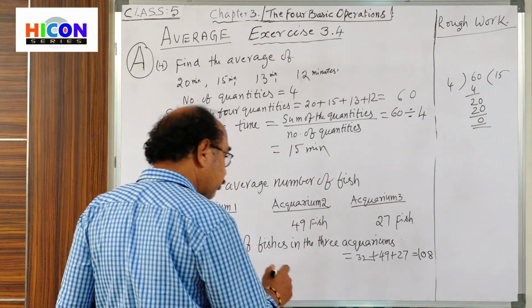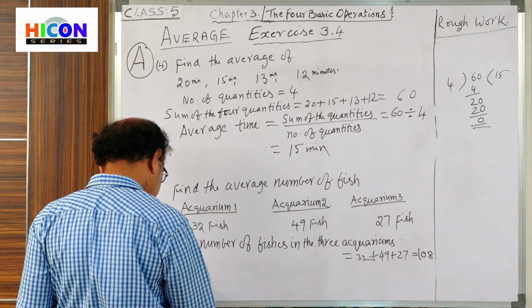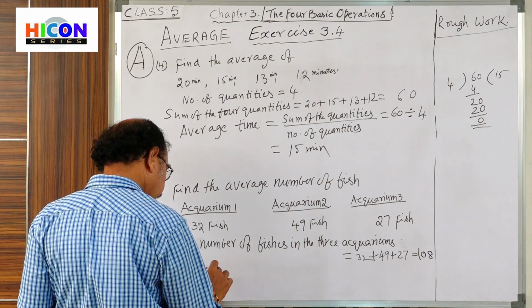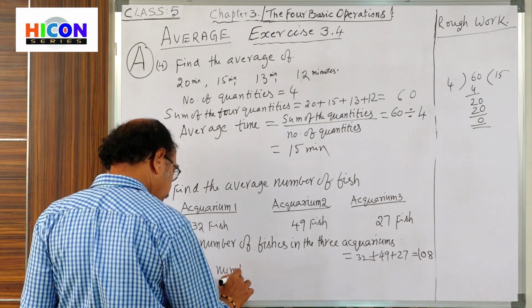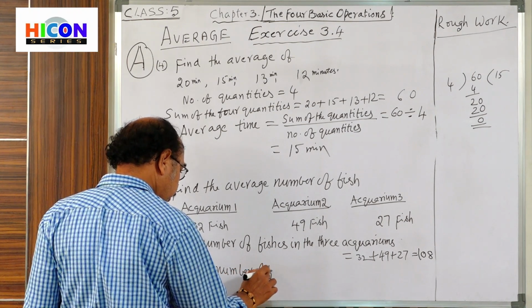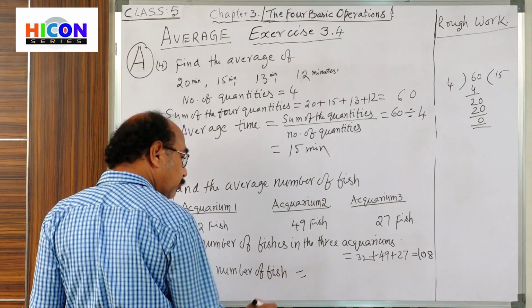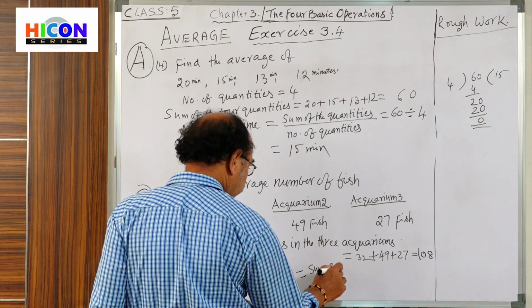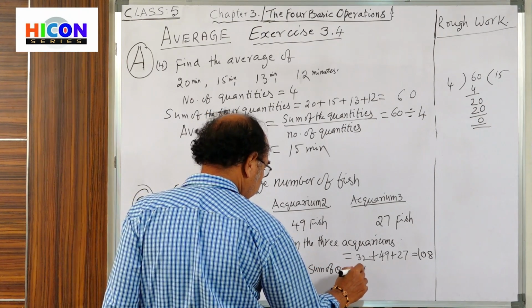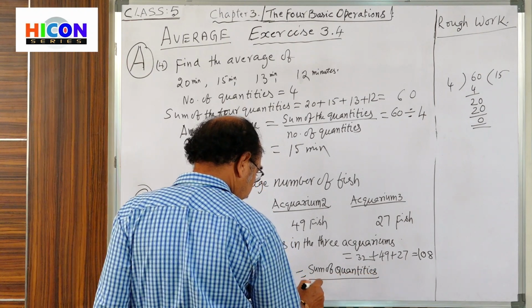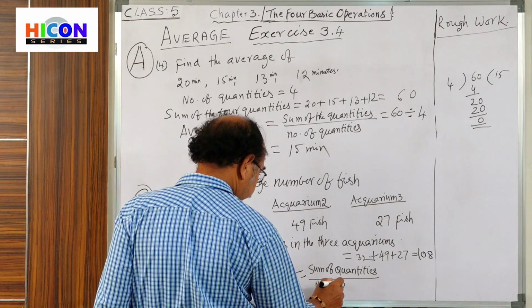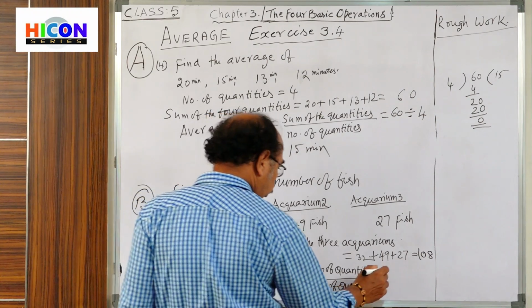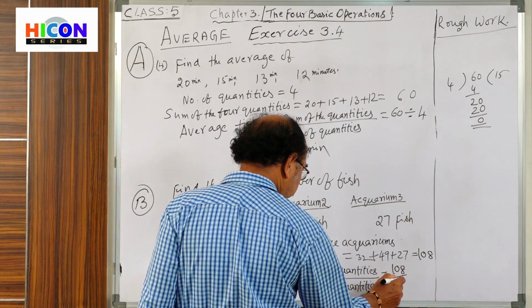So, the average number of fish is equal to the sum of the quantities by the number of quantities. That is equal to 108 divided by 3.